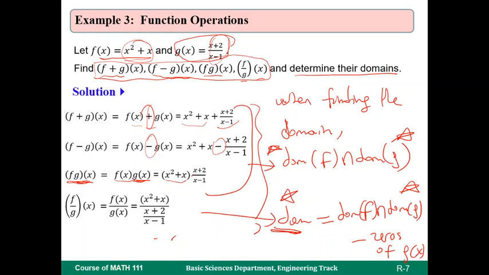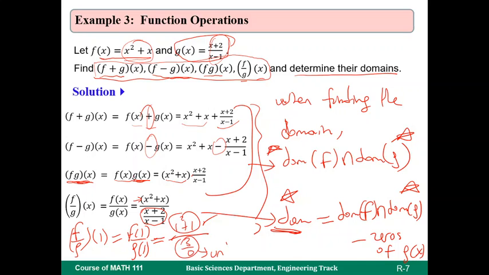Now, for example, I want to show you this. What happens if we try to find the value at 1? This will make you f of 1 divided by g of 1, and f of 1 is 1 squared plus 1. And what is g of 1? g of 1 is undefined because of here.